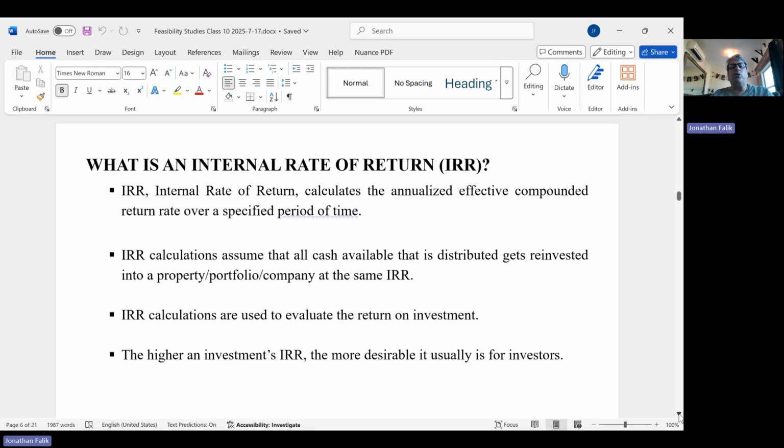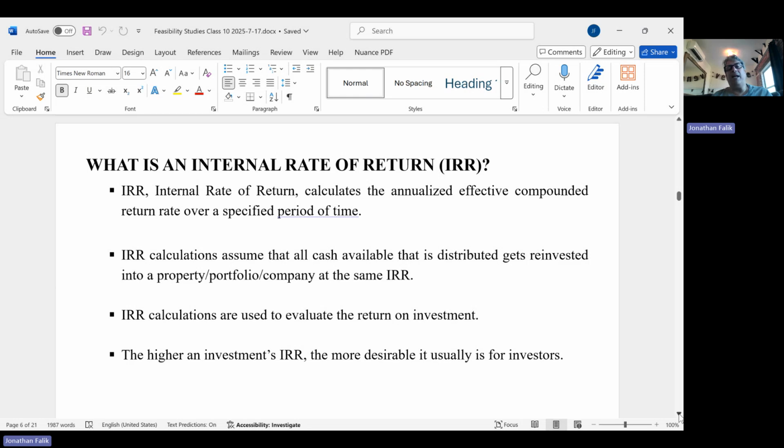So the IRR is one that assumes what rate of return you're earning on your investment, whether it's an all cash investment or an equity investment, on an effective basis over the entire period you're holding the investment.